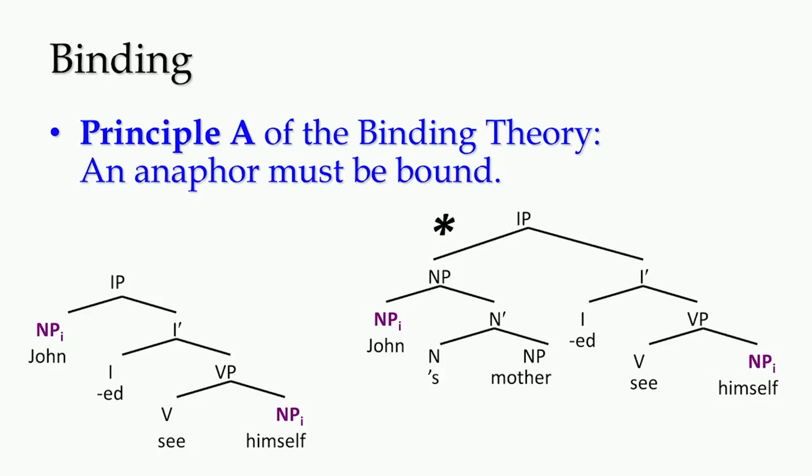If this happens, then the structure results in grammaticality. However, if this does not, then the structure results in ungrammaticality, and thus we can see the differences between structure 1 and structure 2 on the screen.